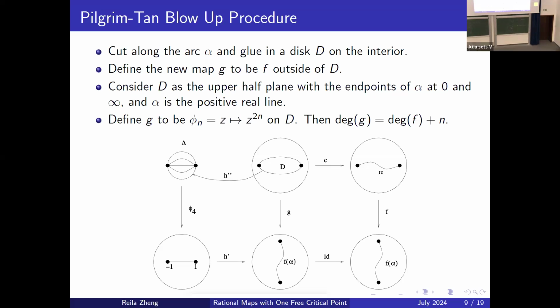And all of the other points on this map, you don't introduce any other new degrees. The only increases in the degrees are going to be at the endpoints of this arc. And you can do a composition of these kinds of blowups to get whatever resulting map that you want.